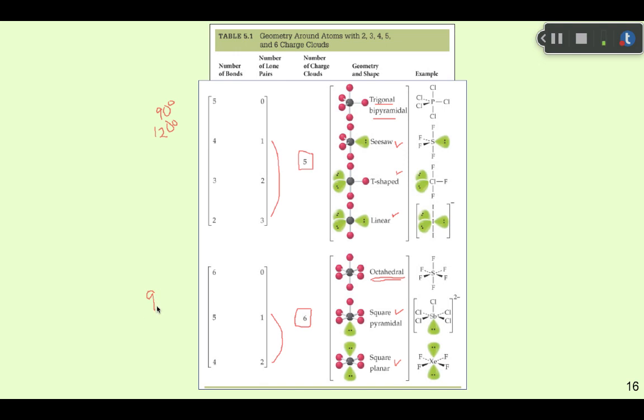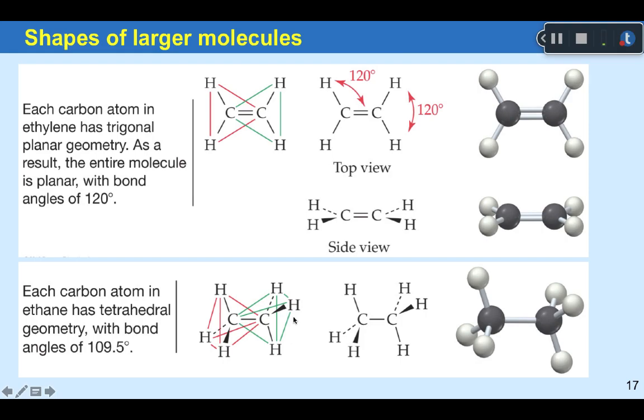Recall then that the angles in the octahedral geometry are all based around 90 degrees, but the overall shape, again, depends on how many lone pairs are present. In the next set of slides, I will give you some examples of diagrams of molecules, and we'll try to describe the geometries that make sense in these compounds.